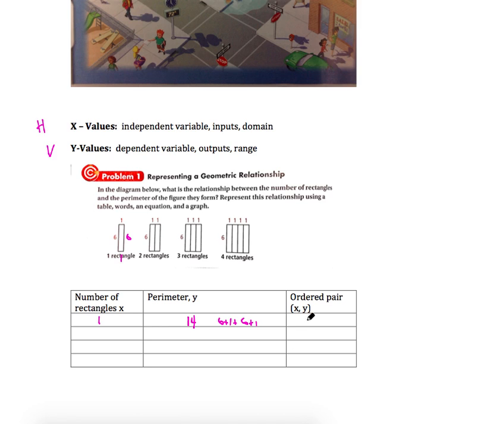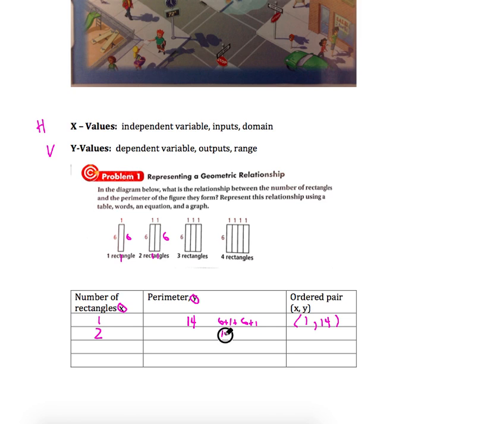Okay? And so the ordered pair then is this. For one rectangle, we have a perimeter of 14. So notice this is the x, and this is the y. And so we could graph that on a plane. Okay, now we take a look at two rectangles next to each other. So in the picture, we see two rectangles. And the perimeter here would be counting 1 plus 1 plus 6 plus 1 plus 1 plus 6.